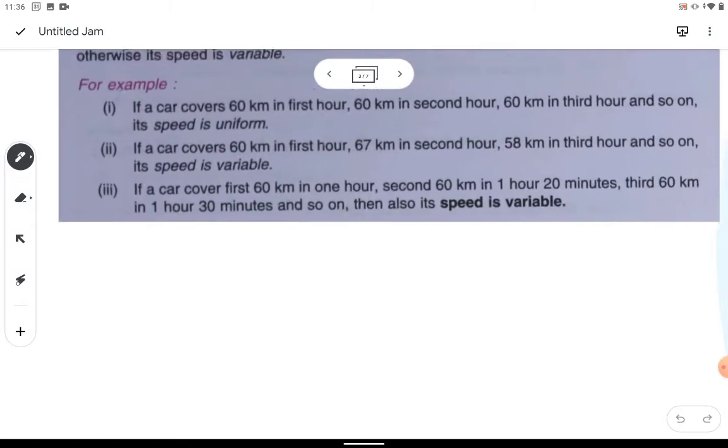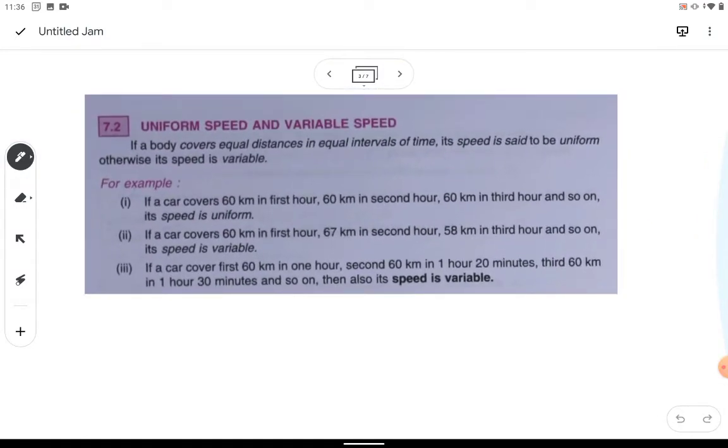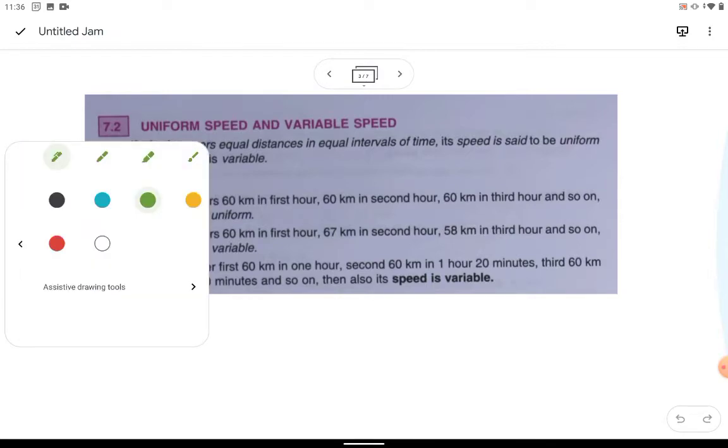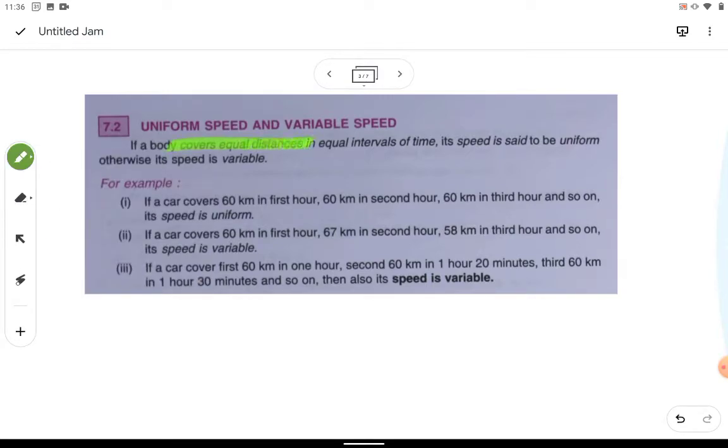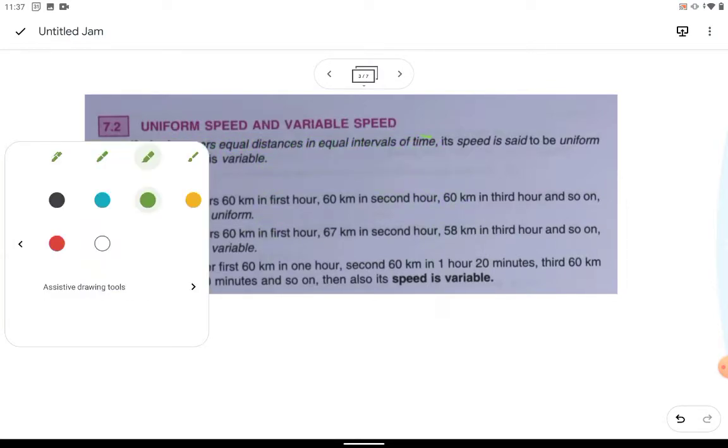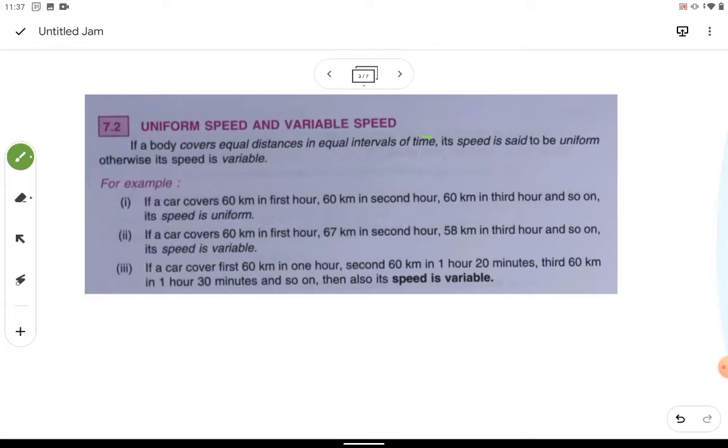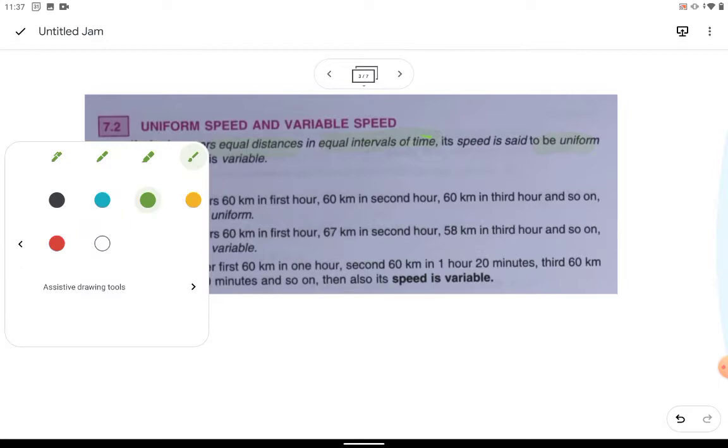Next we have uniform speed and variable speed. A body is said to cover equal distances in equal intervals of time, then the speed is uniform. So how do we show that?